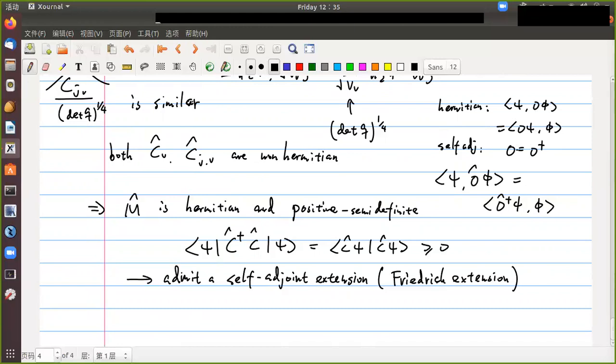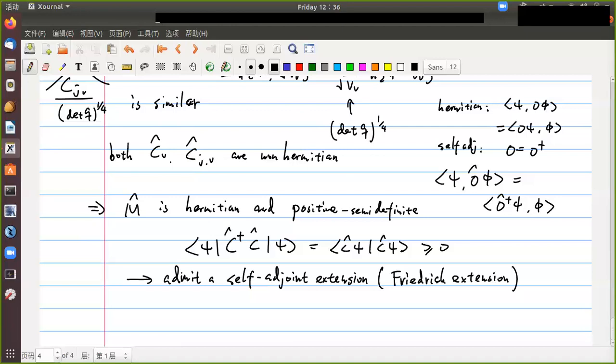So when a Hermitian operator admits a self-adjoint extension of its domain of definition, then we can say that the Hermitian operator is self-adjoint. And why do we need self-adjoint? The reason is that only for self-adjoint operators can we find eigenvalues and spectrum.